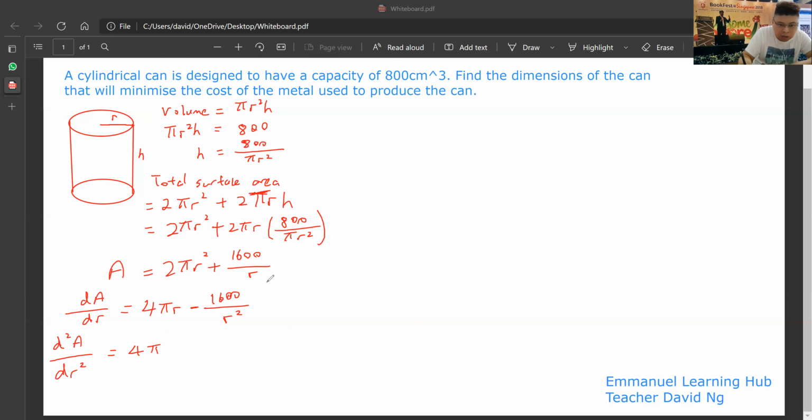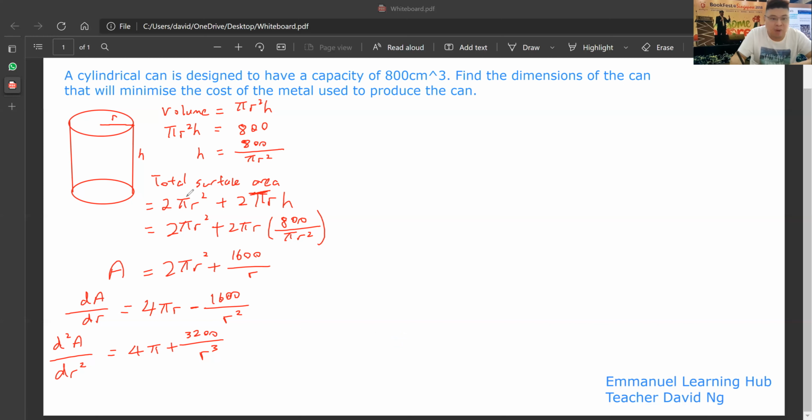This one is r to the negative 2, I bring down negative 2 times negative 1600, which is positive 3200. Then r to the negative 3, so it's r cube. So 3200 over r cube. You understand how I get this? That's the second derivative, and that was the first derivative.